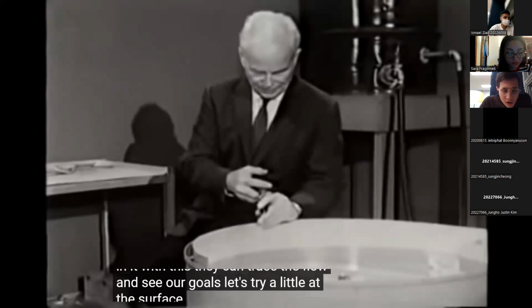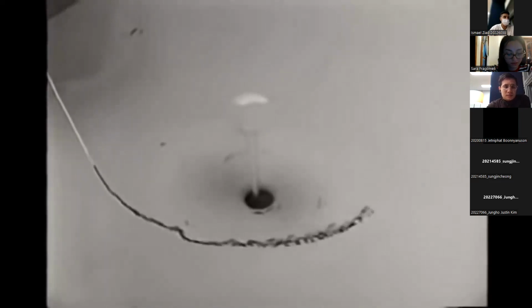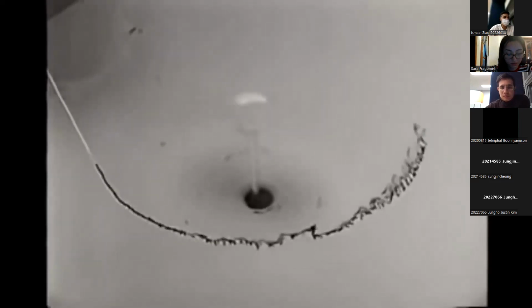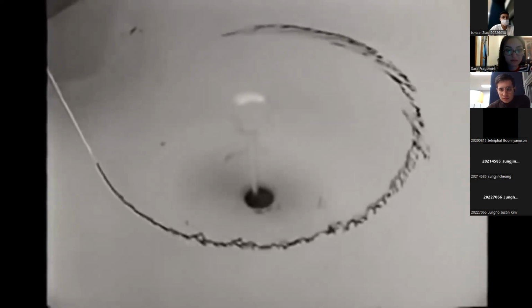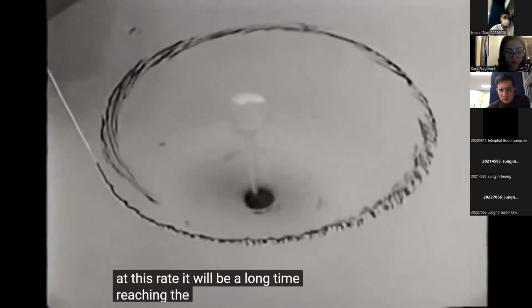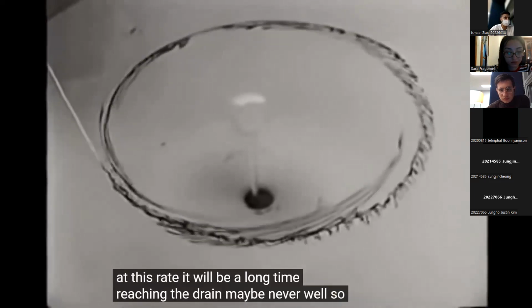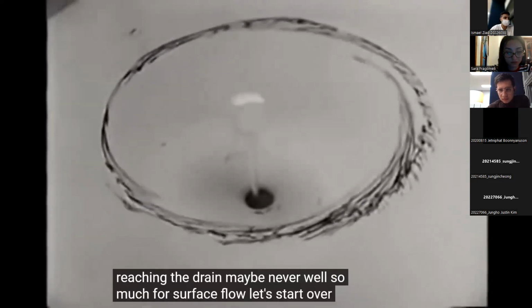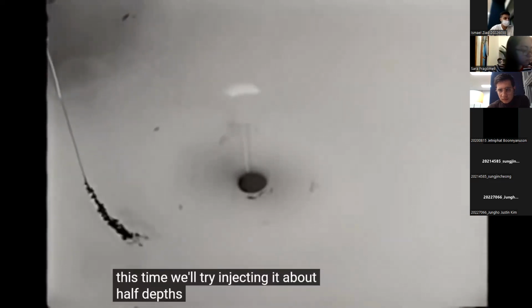Let's try a little at the surface to see what's happening. At this rate, it'll be a long time reaching the drain. Maybe it never will. So much for surface flow. Let's start over. This time, we'll try injecting at about half depth.